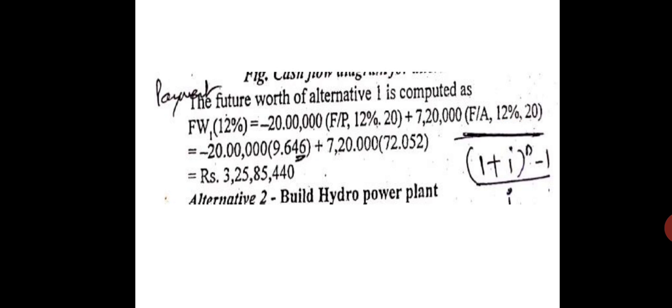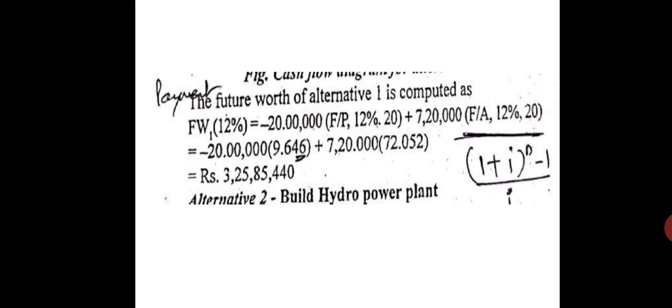Now the future worth at 12% interest rate is equal to minus 20 lakhs, because we are investing 20 lakhs now, in bracket F by P at the rate of 12% for 20 years, plus the revenue I am getting, 7 lakh 20,000 rupees every year, so 7 lakh 20,000 rupees in bracket F by A. A means every year I am getting an equal annual amount.